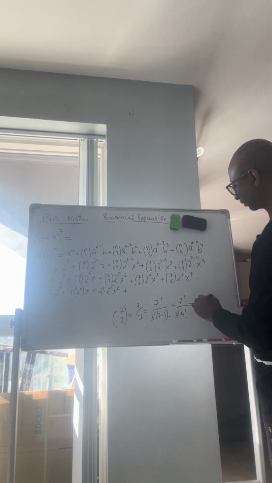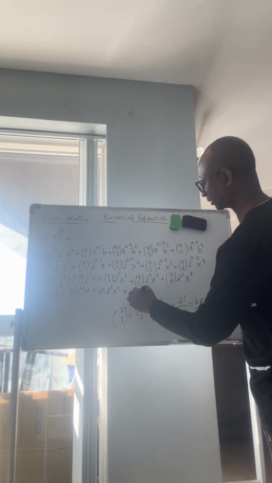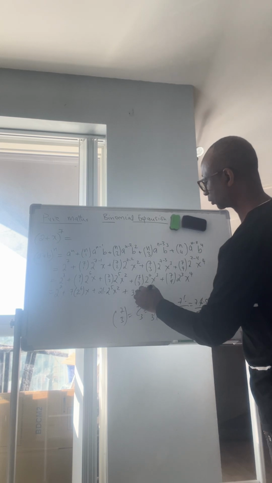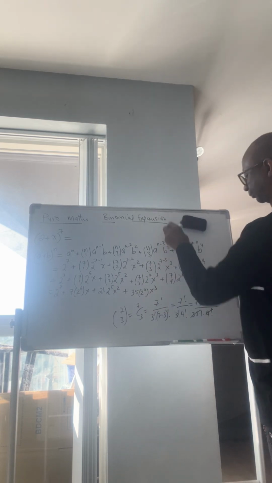So this is 7 times 6 times 5 times 4 factorial over 3 times 2 times 1 times 4 factorial. The factorials cancel, and 6 cancels 6. So this is 35. So here you get 35 times 2^4 x cubed.